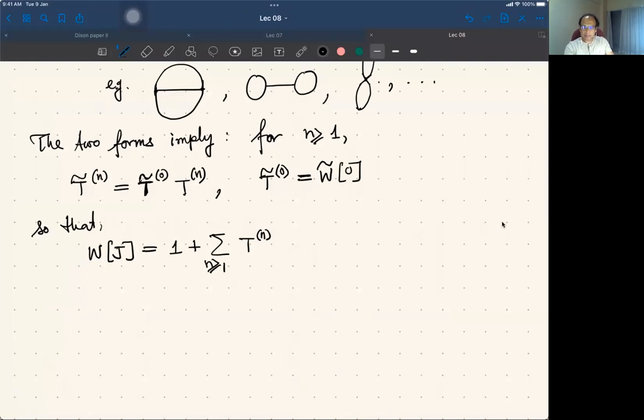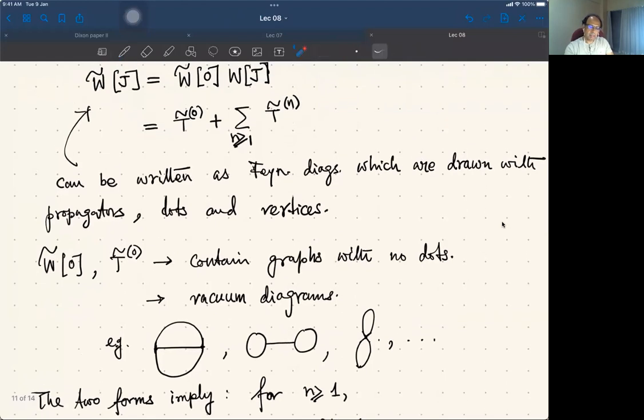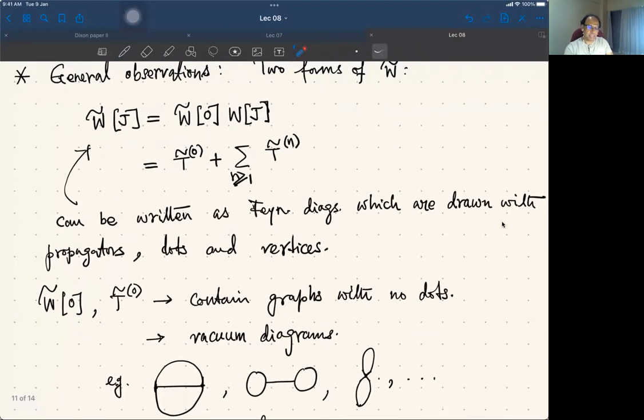Now, what is the upshot of this? What is the basic point of this argument? This is actually an easy way to see that there exist disconnected diagrams in W tilde j.